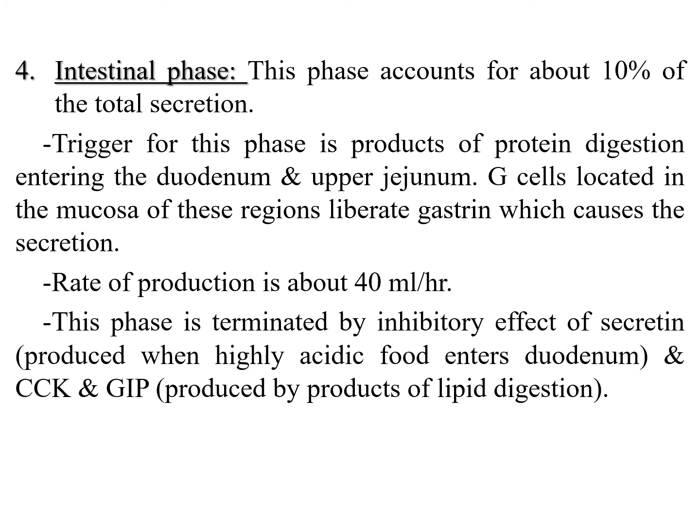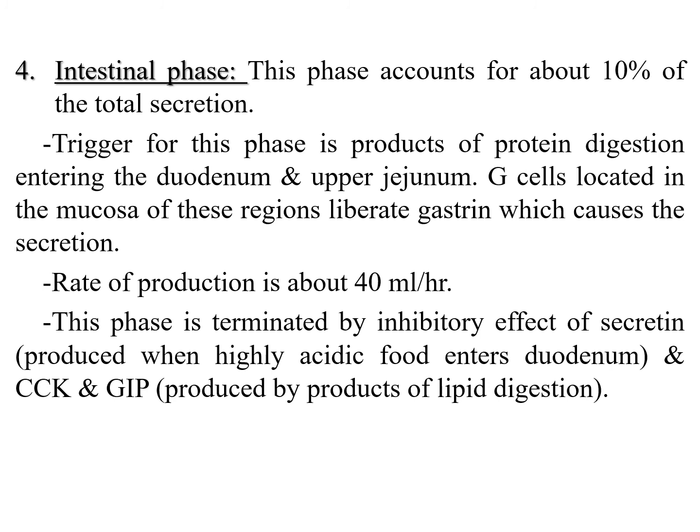They are secreted when either highly acidic food enters the duodenum or by the products of lipid digestion. They actually inhibit gastric secretion and contribute in terminating the gastric secretion after the food has left the stomach.